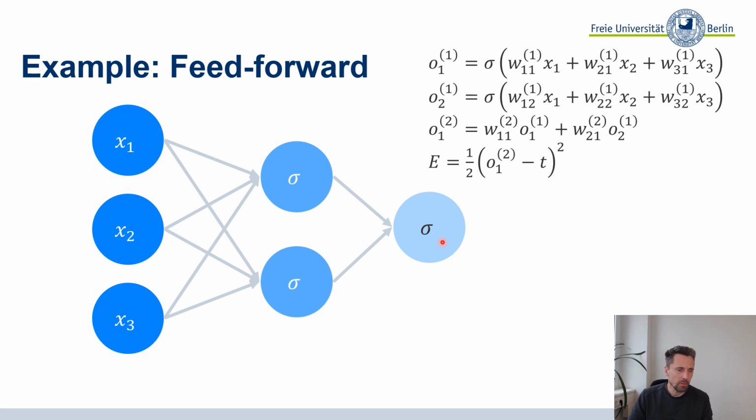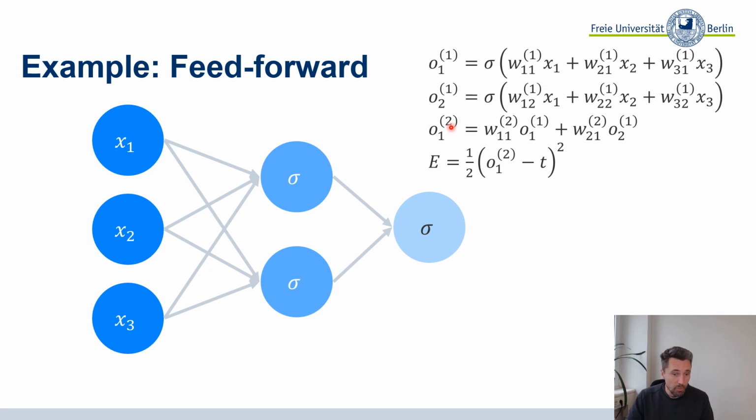And the third, so the output unit, is also called O1, so that's the first and only output unit in the second layer, and that's just the weighted sum of those outputs. So this is just a notation to simplify those slides here.